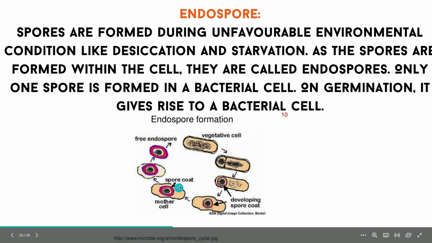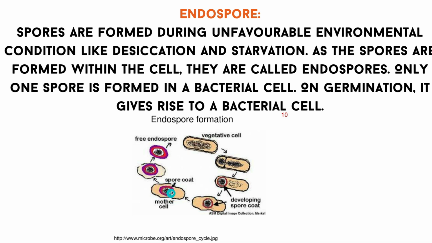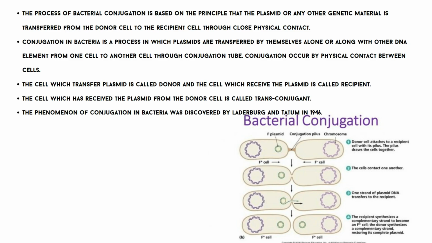The entire genetic material is within the spore coat, and the cell wall of the bacterial cell gets disintegrated, and the freely present endospore, when it comes in contact with substrate under the favorable condition, starts germinating. So cyst and endospores happen only during special cases.